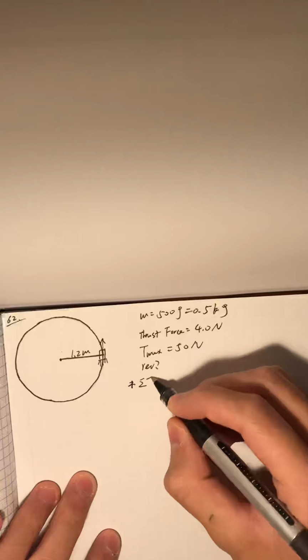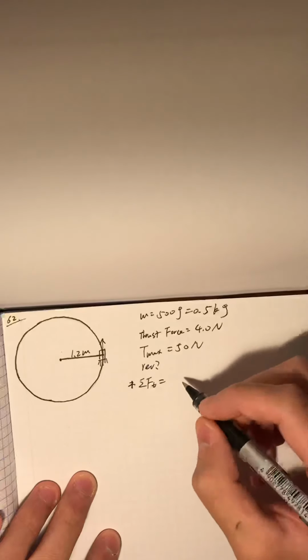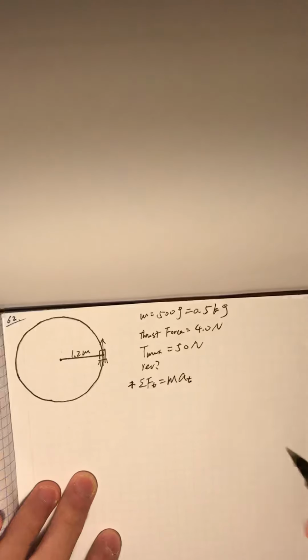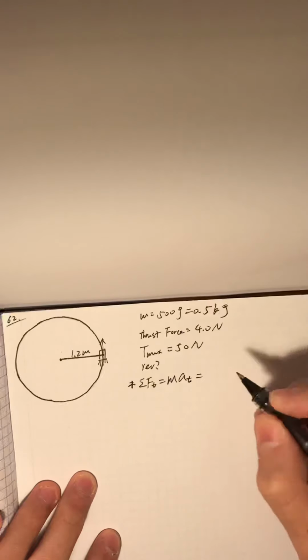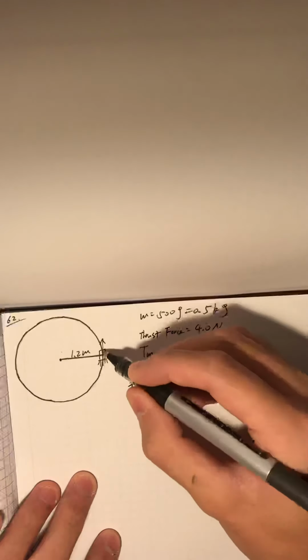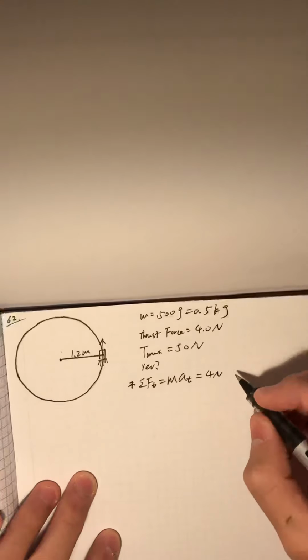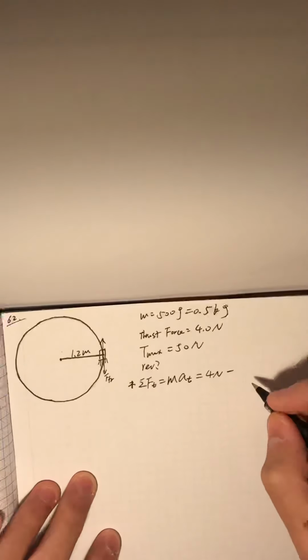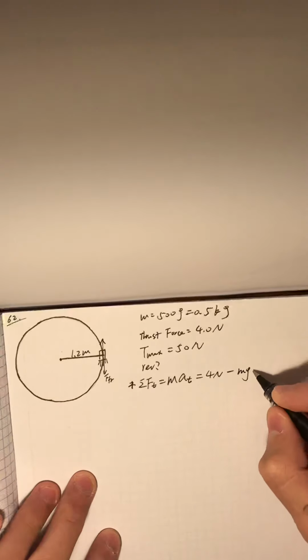The sum of the force in the tangential direction equals mass times the tangential acceleration. The tangential direction is this way, so it's 4 newtons going up, minus the friction going here, which should be mg mu k.